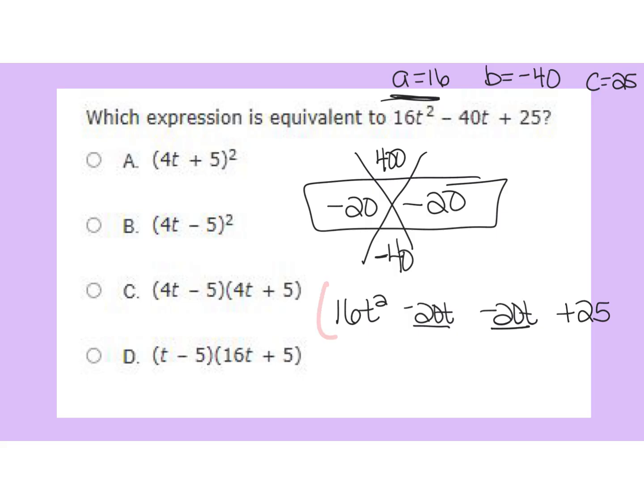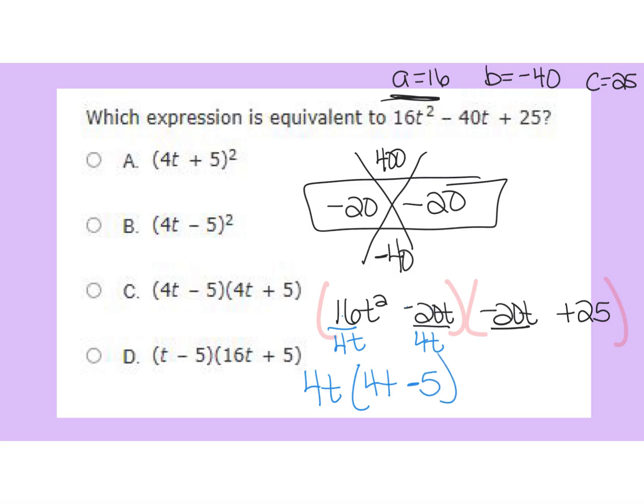Now I'm simply going to group both of these, and I'm going to look at them as individual binomials. So between 16t squared and -20t, what do they have in common? Well, I could easily factor out a 4 and a t from each of them. So I'm going to put 4t, and then 16t squared divided by 4t is 4t. -20t divided by 4t is -5.